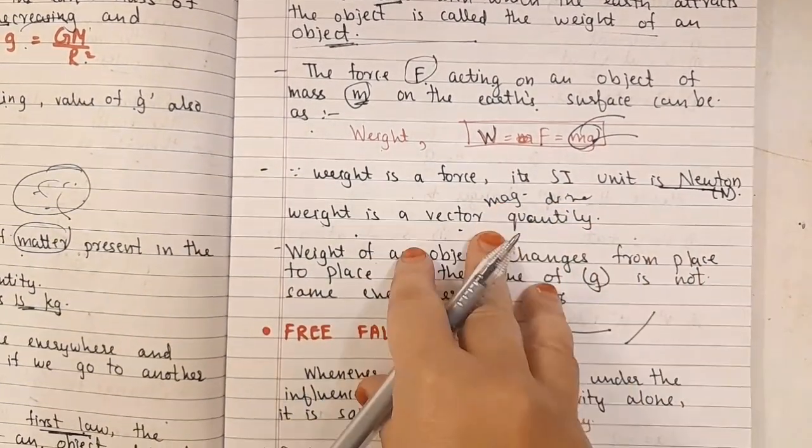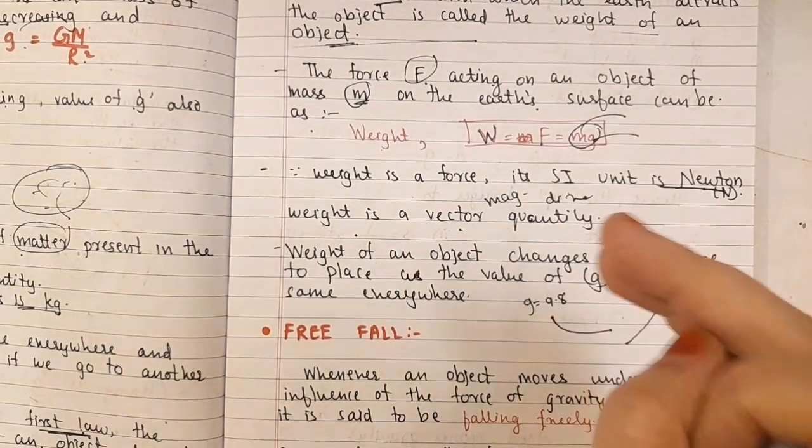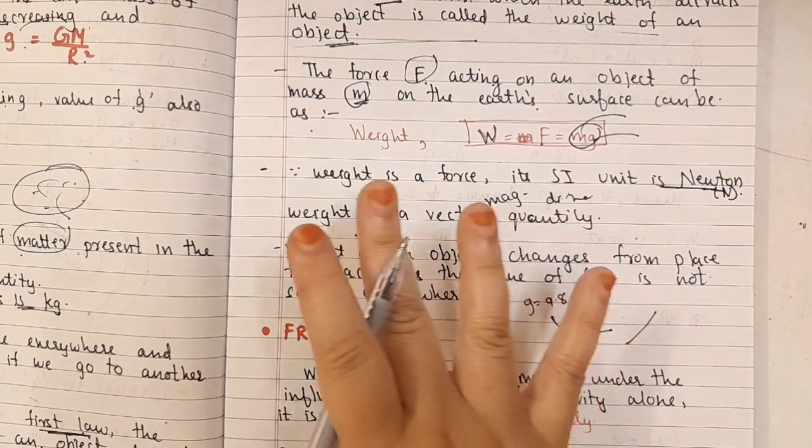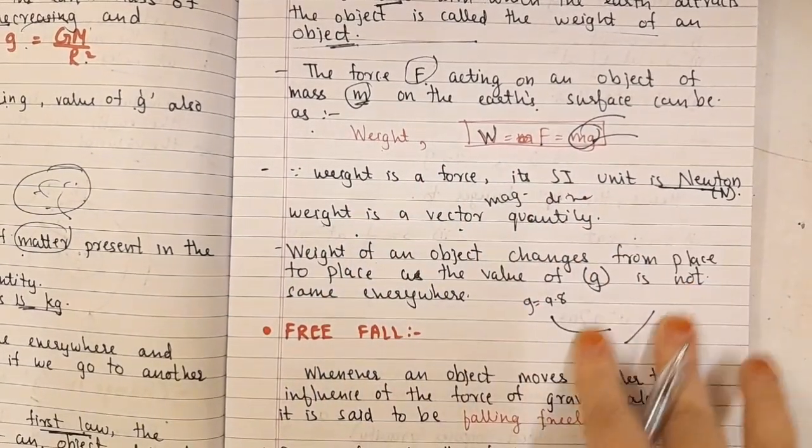This is the basic difference between weight and mass. Mass is the same everywhere, and weight is different on different places or different planets.